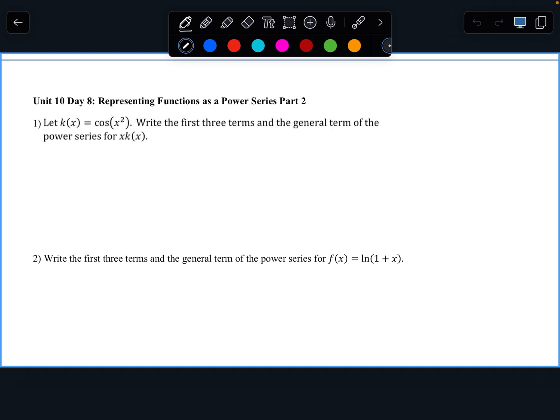I don't think the first three terms are the issue for these. I wanted to get practice with the general term. So, for this type of problem, if you had to write a power series... There was a question yesterday about how you know whether you're doing the derivatives with the factorials, like the Taylor polynomial.